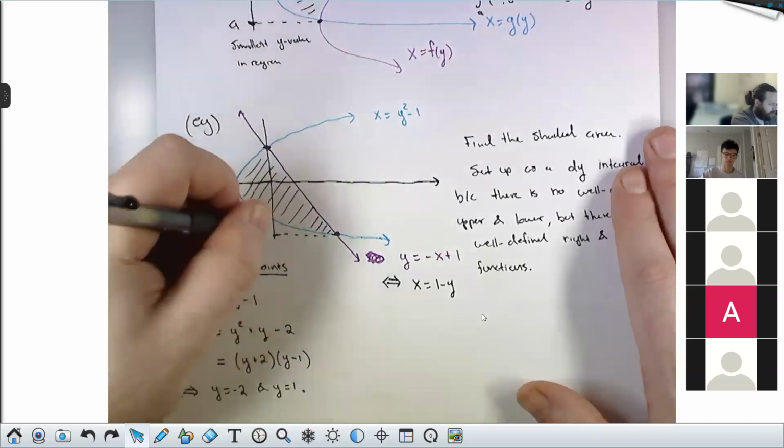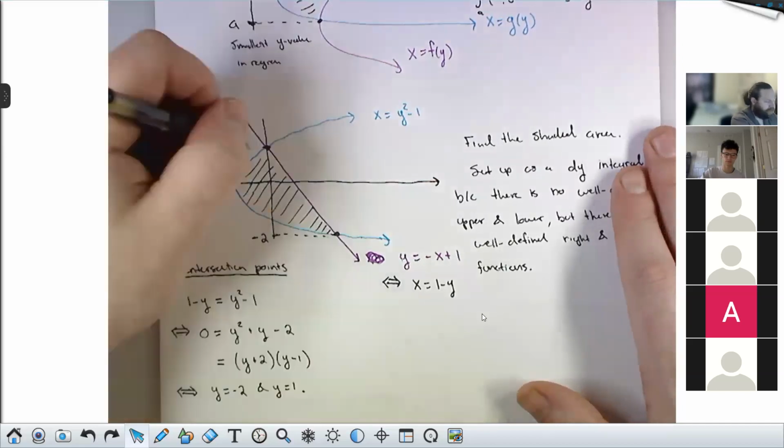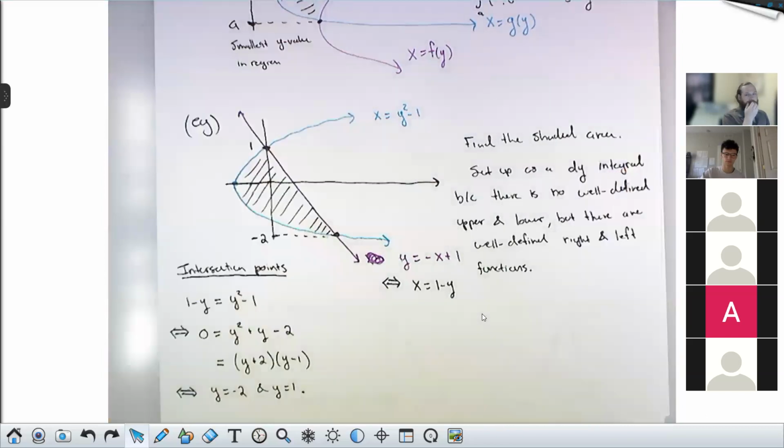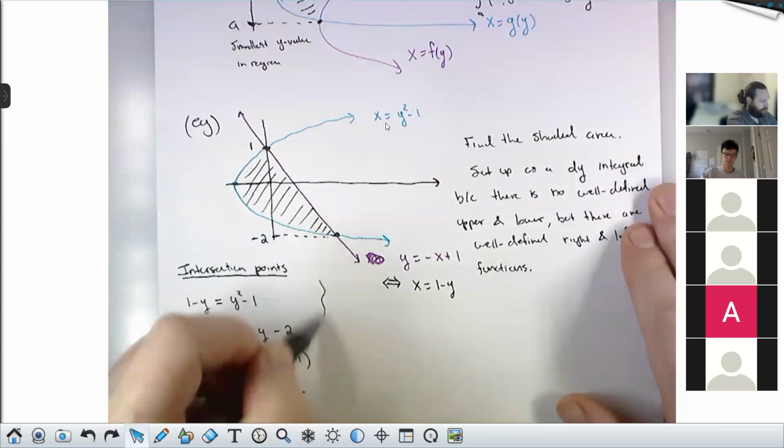This guy here is -2. This guy here is +1. All right, the y values. Don't care about the x values. I could not care less what the x value is here. Now we're ready to set up our integral.